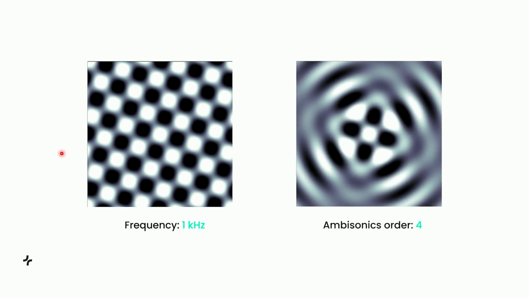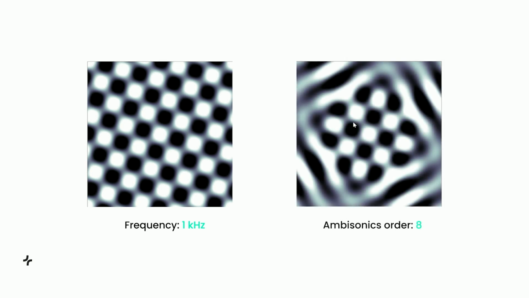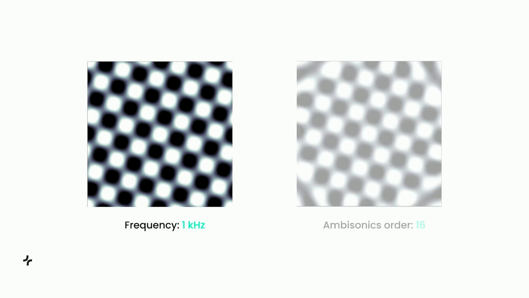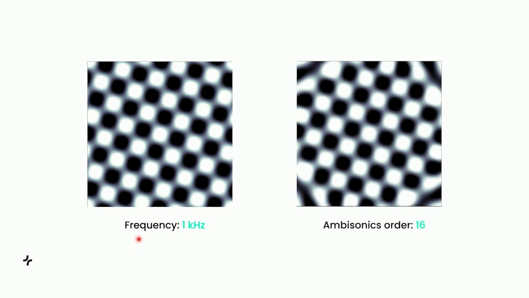We'll start here at ambisonics order 4, where we managed to resolve the wave field quite decently at the center, but as we go further away, our solution is quite bad. But if we increase the order, go up to order 8, now we can see that the area is getting a lot bigger, and up to 16 we almost resolve the entire wave field that we have here. And this was a sphere of 1 by 1.